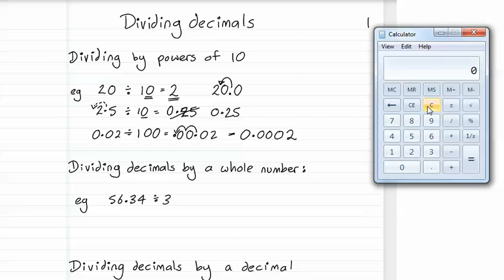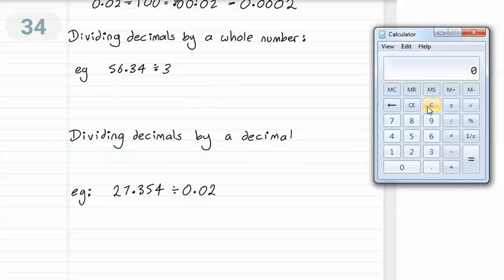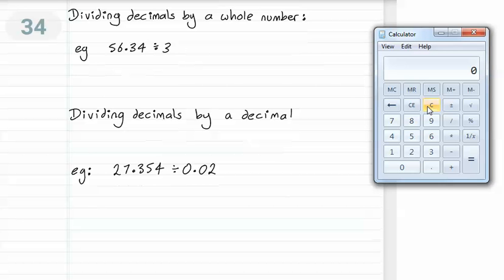Now if we're dividing decimals by a whole number, for example 56.34 divided by 3, divide it exactly as you would a normal integer. Set up the algorithm.